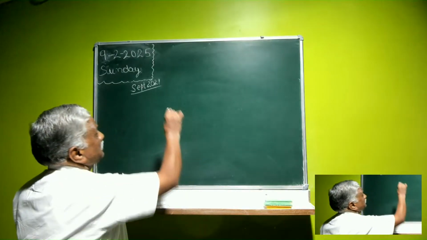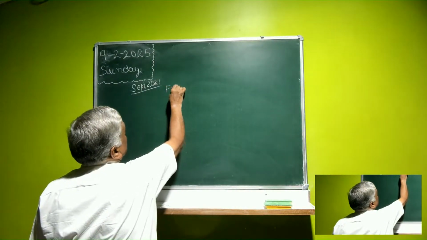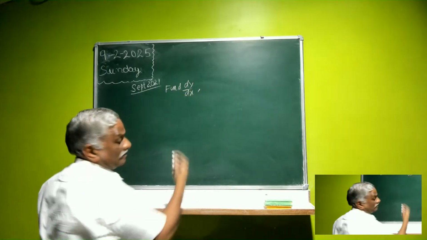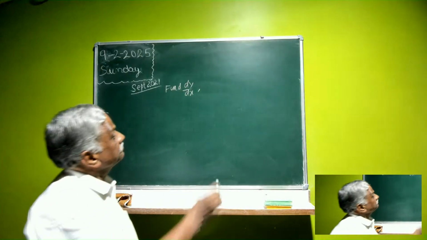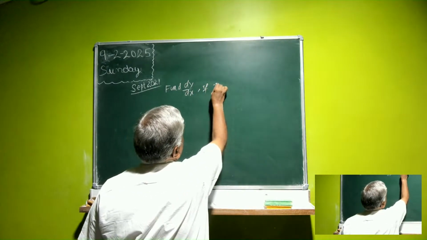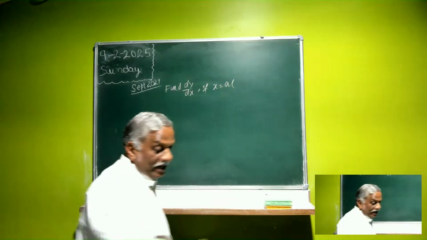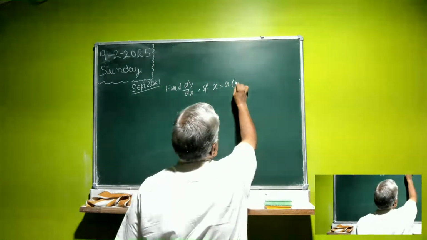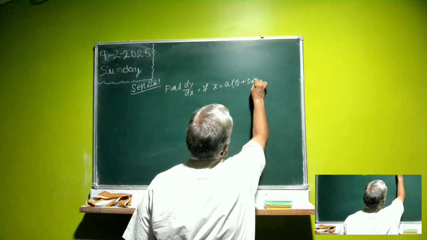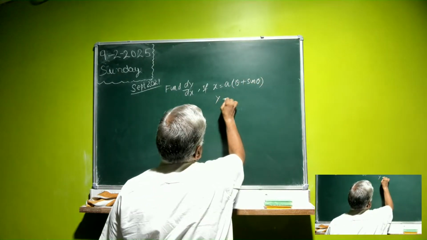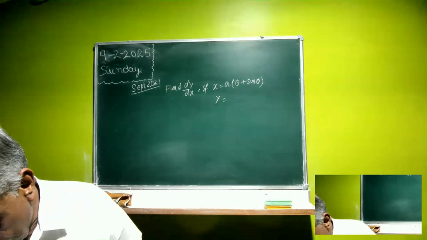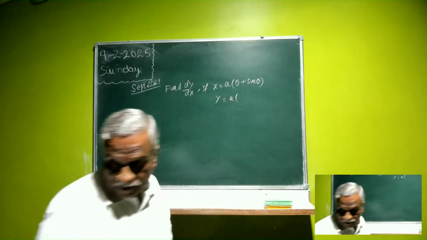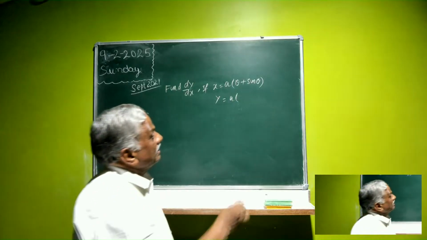Find dy by dx if x is equal to a into theta plus sin theta, y is equal to a into 1 minus cos theta.